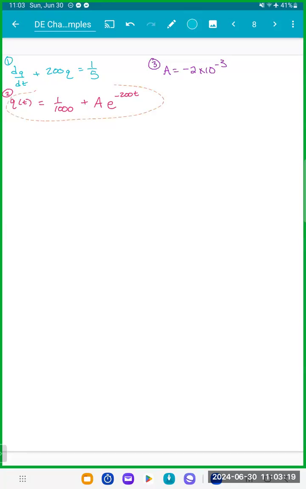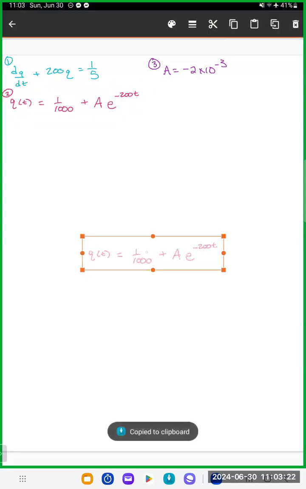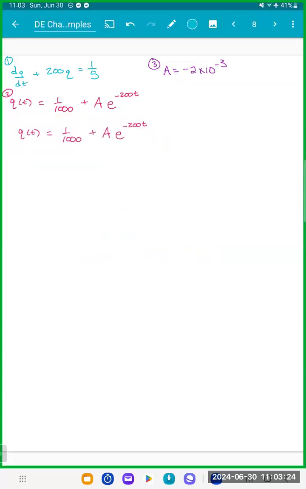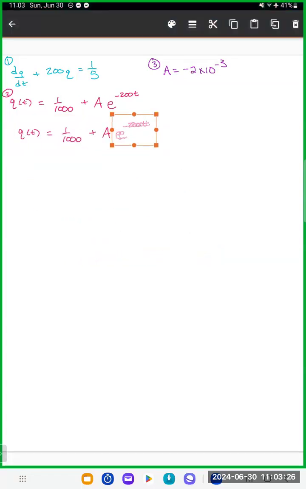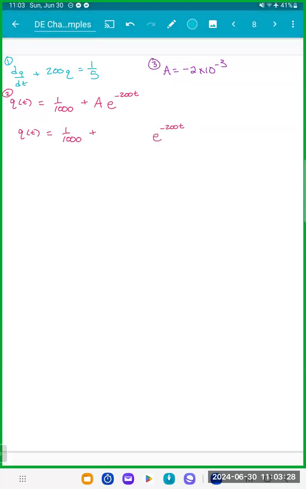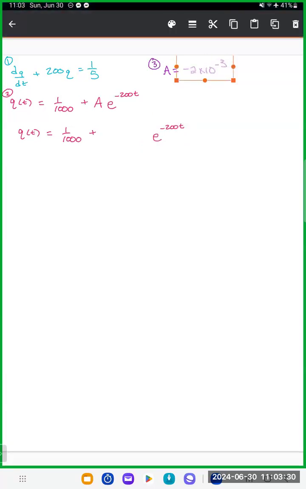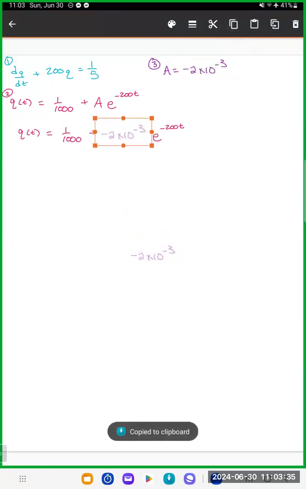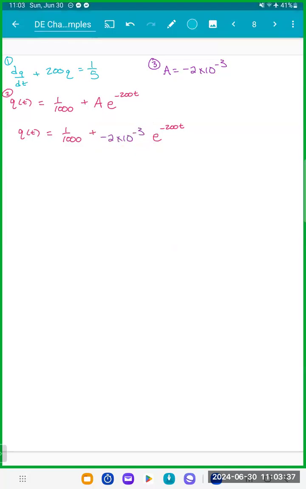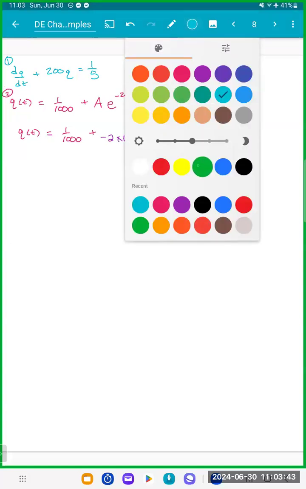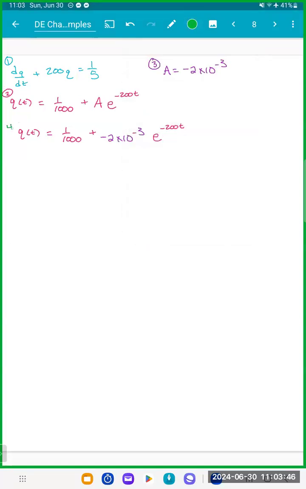So we'll take equation 2, but we're going to scoot this over and substitute this A. We're going to go ahead and substitute in this. Okay. So when we do that, this gives us a fourth equation. We'll let this be now equation number 4. Okay. So we're going to work with all of these things.